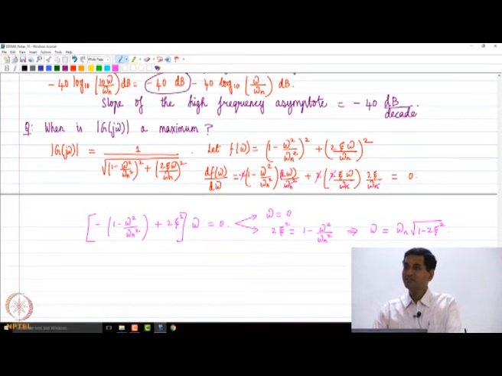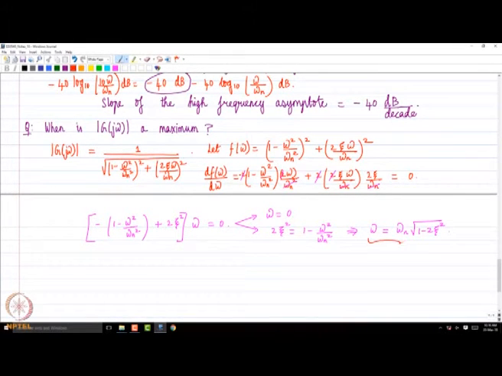Now, when will this solution be a real number, because we are dealing with frequencies? I want a positive real number. When will this solution exist? This exists only when 1 minus 2 zeta squared is greater than 0, or in other words, zeta should be less than 1 over root 2, which is approximately 0.707.